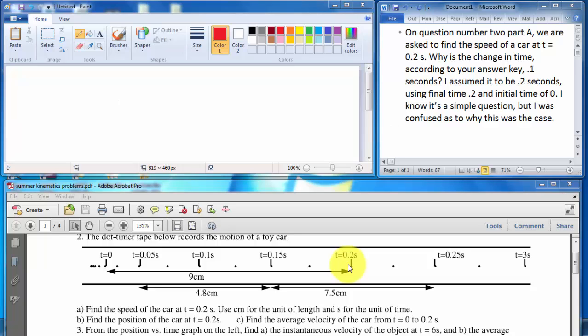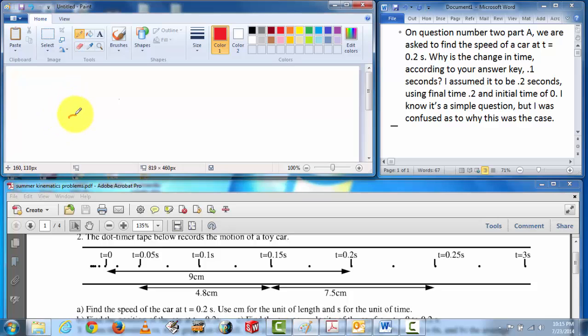Now if you actually do that, your final time over here will be 0.25 seconds. Your initial time will be 0.15 seconds. And then the question is, well, how far has it traveled from here to there? And that is given to us down here. So if we move up here, what you're going to see in the answer key is velocity equals the change in position over the change in time.